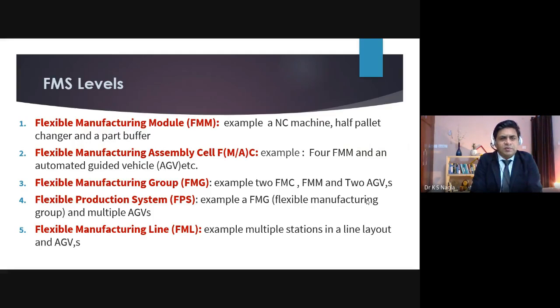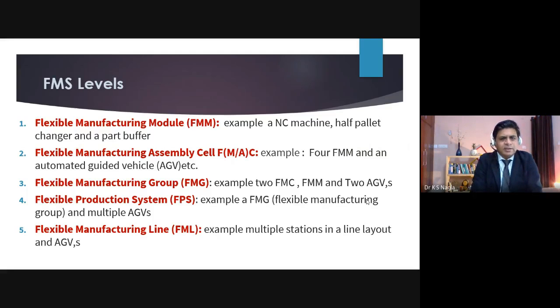Then a flexible manufacturing unit is a big unit with two flexible manufacturing cells, some flexible manufacturing modules and a minimum of two automated guided vehicles, in the case of a flexible manufacturing group. Similarly, the flexible production system is a bigger one, where the flexible manufacturing group has multiple automated guided vehicles.